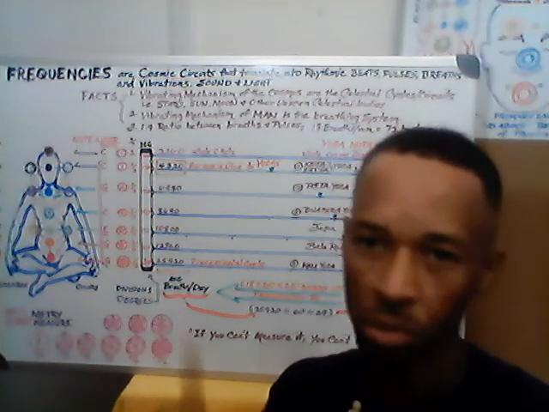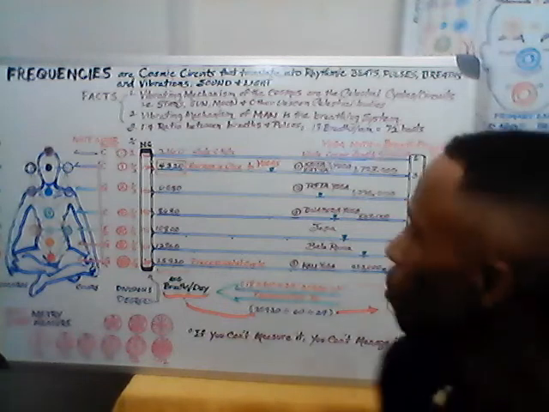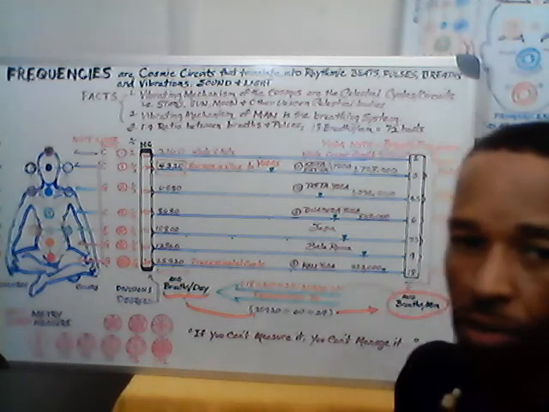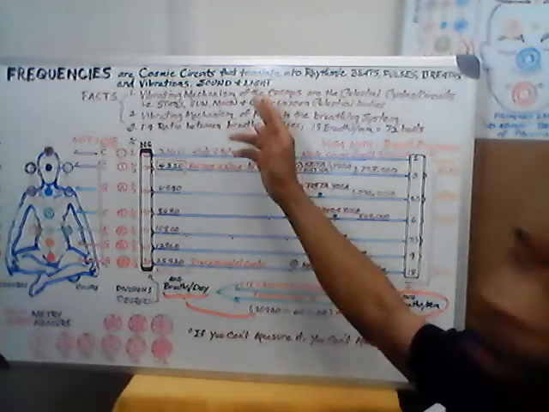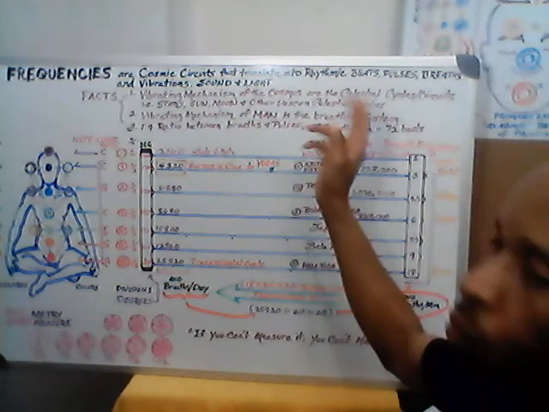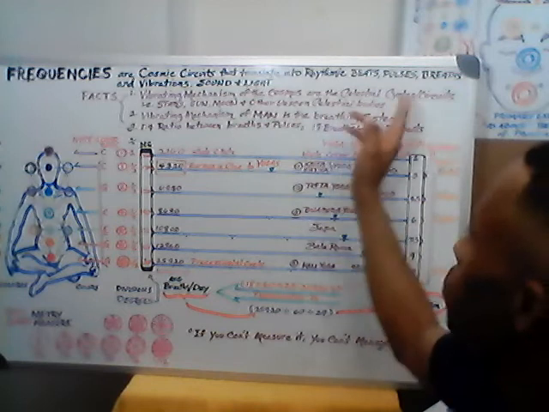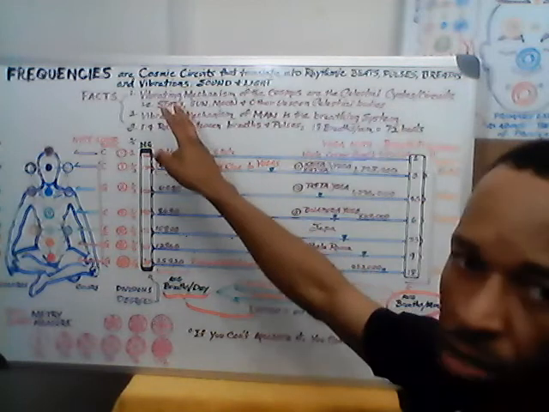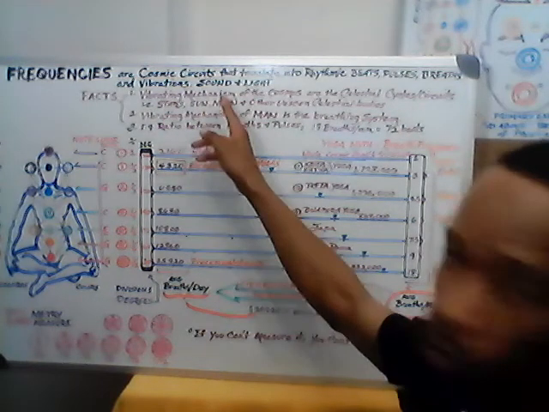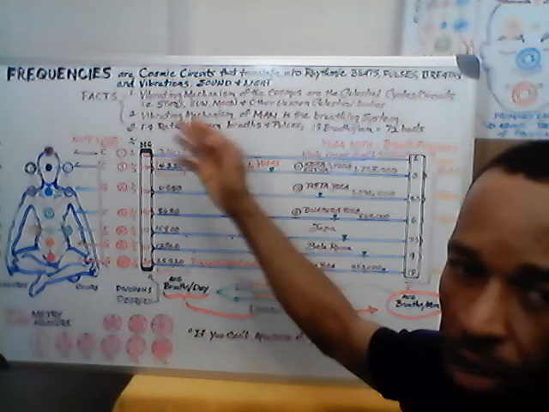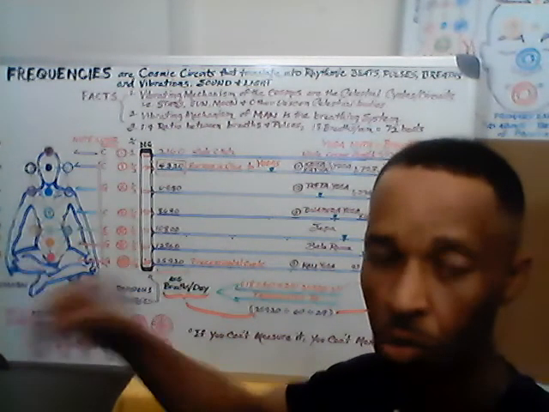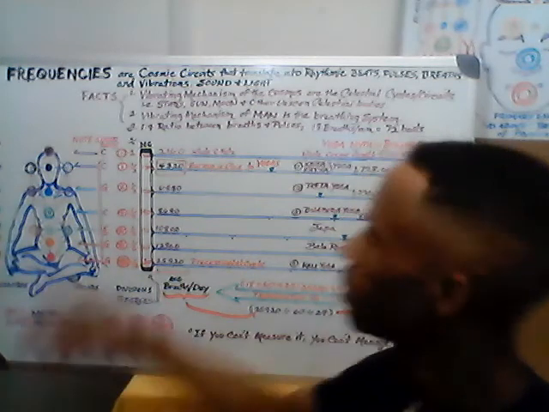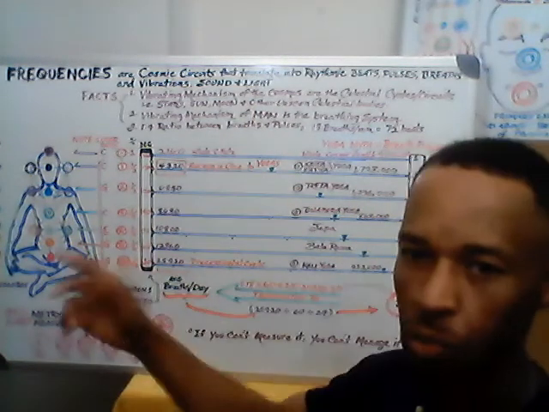So first off, let's begin with defining frequencies. Frequencies are cosmic circuits that translate into rhythmic beats, pulses, breaths, and vibrations. That is to say, sound and light. Sound comes forth as tones and overtones, or notes and overtones, and light comes through as colors.